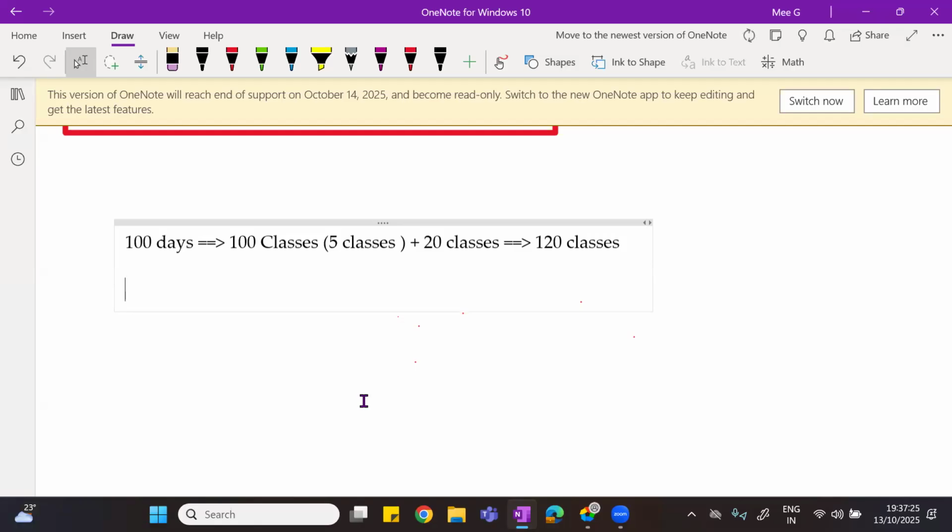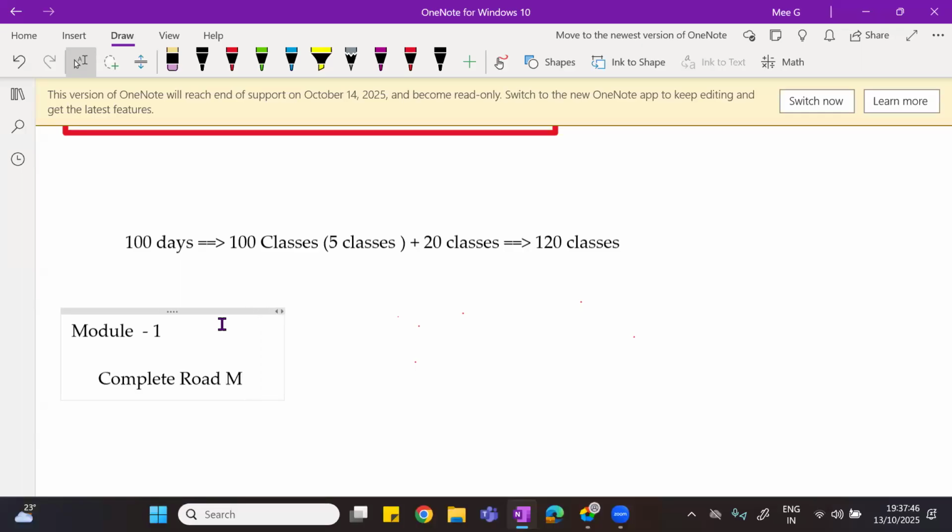First, we will go module wise. Let's say module 1. In module 1, we are going to cover the complete roadmap of AI with all the things like DL, Gen AI, and Agentic AI.